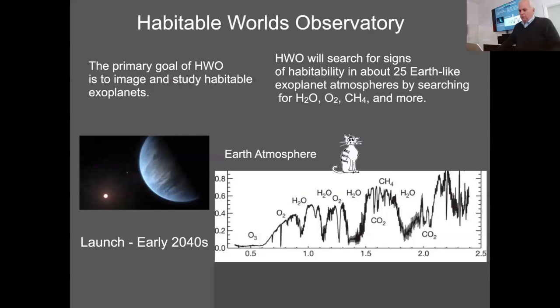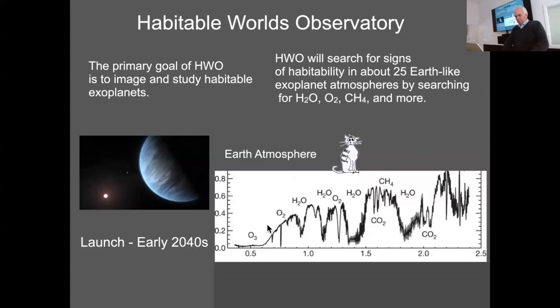But here's one of the things that the Habitable Worlds Observatory will do. We probably can't see things like the cities on their planets. But we can get maybe a spectrum of the Earth's atmosphere, how the light reflects from the atmosphere of this distant planet.